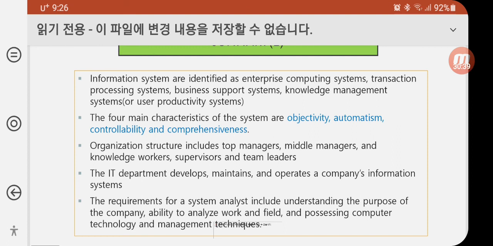The 4 main characteristics of systems are objectives, automatism, controllability, and comprehensiveness.